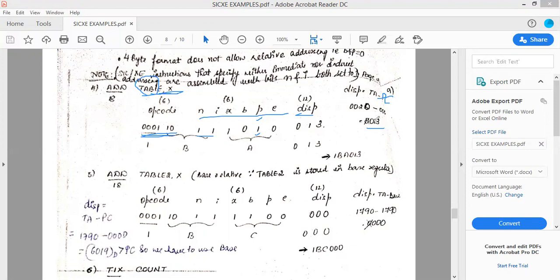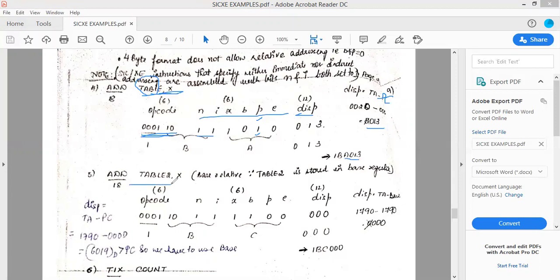You can take calculators, guys. 013 is in hexadecimal, and when you convert it into decimal, you get 19. So 19 is obviously in the range of minus 2048 to 2047, so you can use PC addressing. Even if you use base addressing it's not wrong, but the first choice is always PC addressing. That is how you get this.